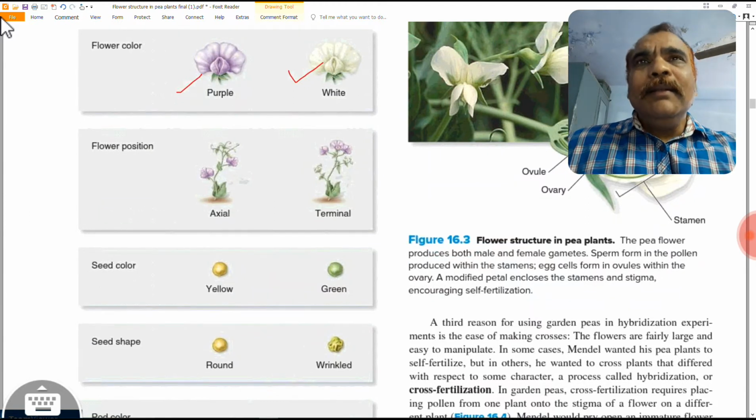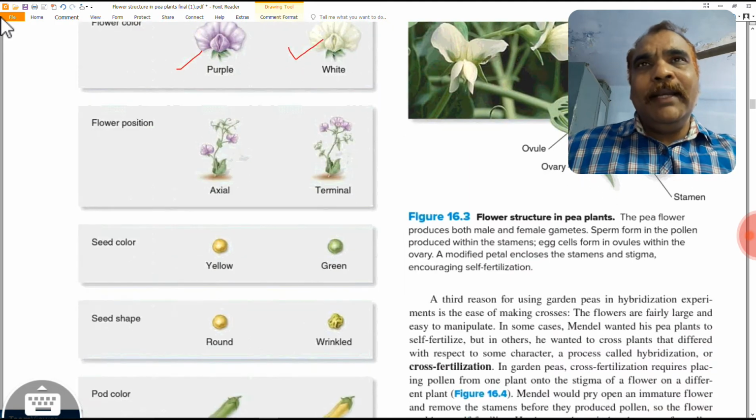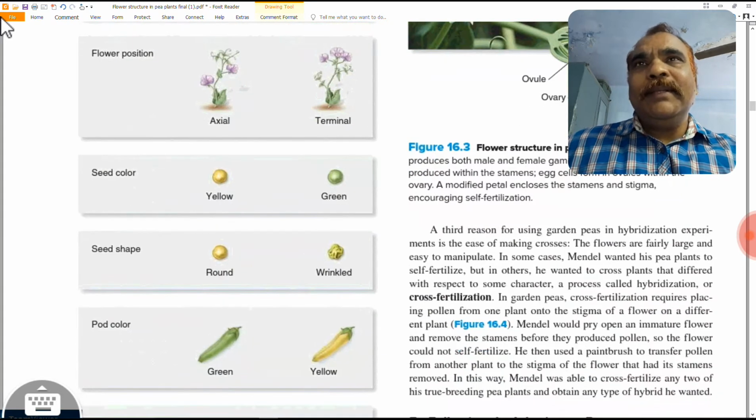Some seeds are yellow, and in some plants the seed color is green. Then seed shape, round or wrinkled. In some seeds the surface is smooth, and in some seeds the surface is rough or wrinkled, not smooth.